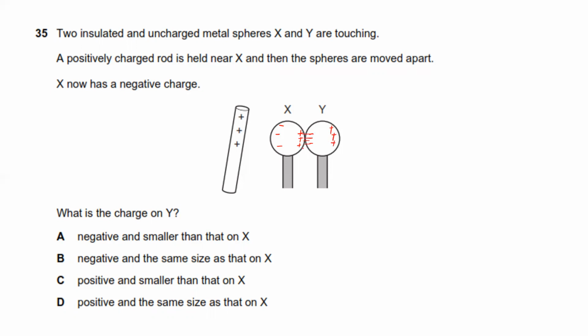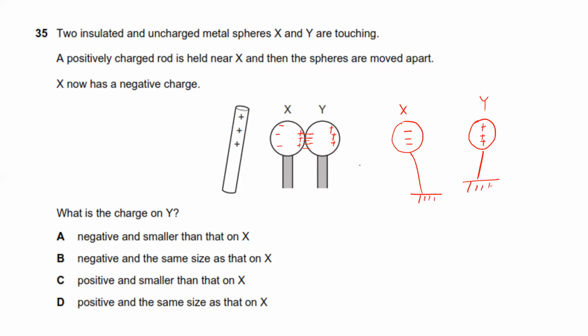These negative and positive charges cancel out each other, and when the two spheres are moved apart, X will have 1, 2, 3 negative charges, and Y will have 1, 2, 3 positive charges. This is how these two spheres will behave.